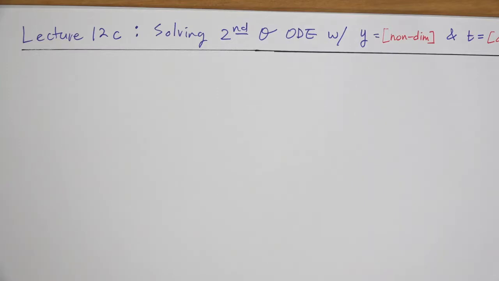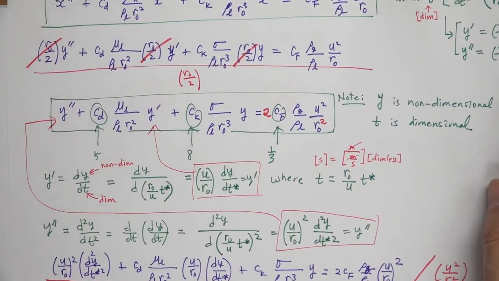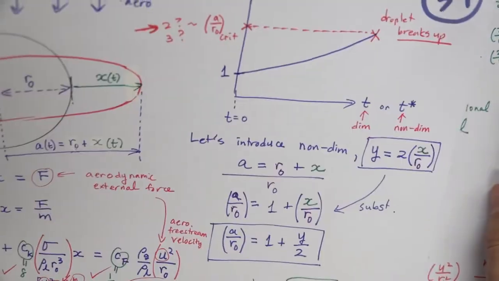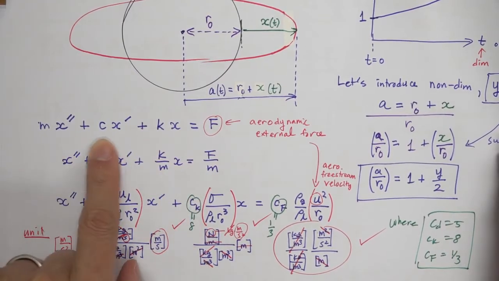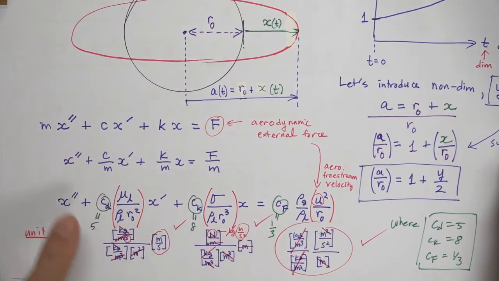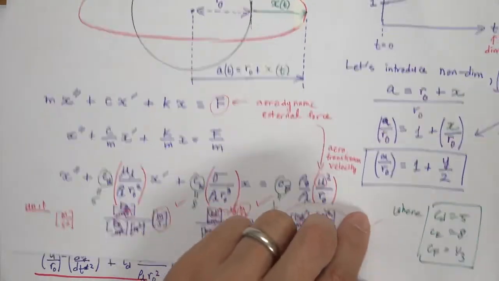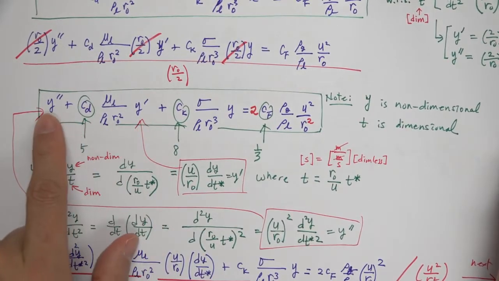Now, if you recall, this was from our previous lecture notes. I started with this spring mass oscillation system, F equals ma, and then I worked all this out, and later I arrived at this expression for y prime.